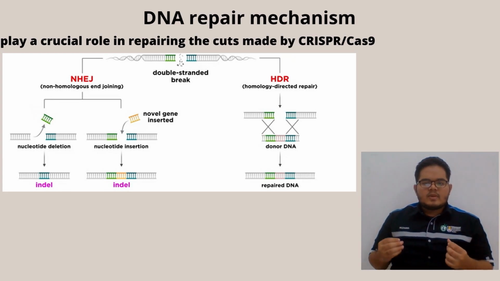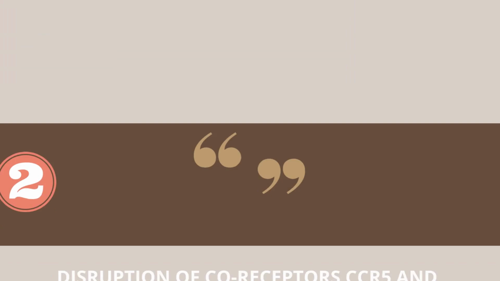Surprisingly, the DNA repair process known as non-homologous end joining can also effectively repair the non-integrated HIV-1 provirus. This discovery highlights the potential of CRISPR-Cas9 in treating HIV or AIDS by targeting the virus and its proviral DNA in latent cells.